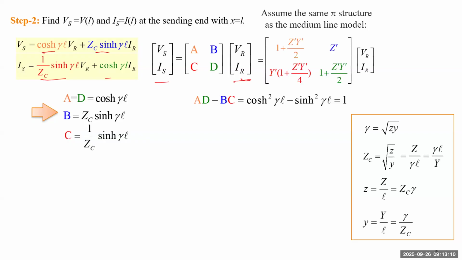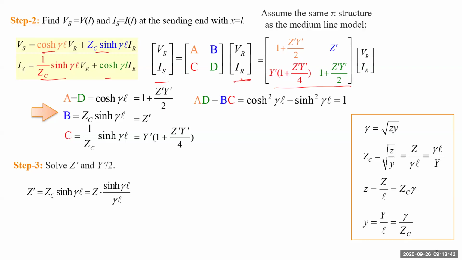Then later we rewrite the equation in a form which is comparable to the medium line. Z prime and Y prime here have similar meanings to the capital Z and capital Y in the medium line, but prime means it's different from the actual impedance and actual admittance.